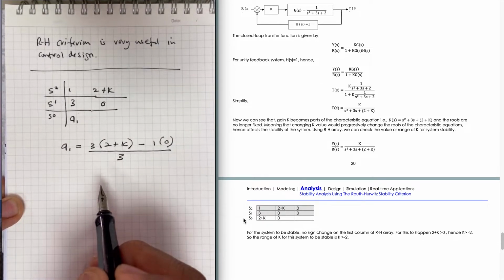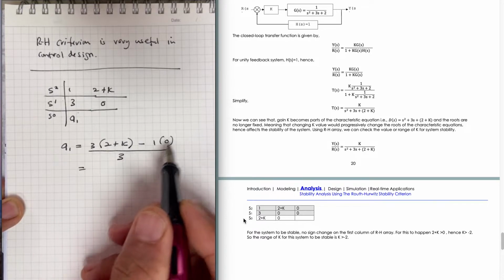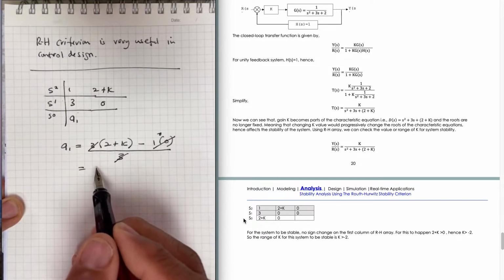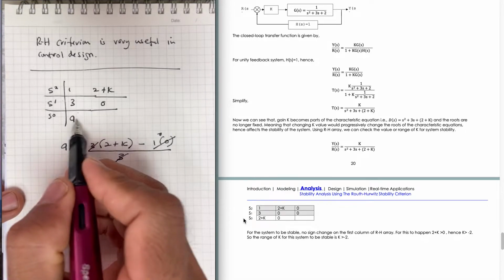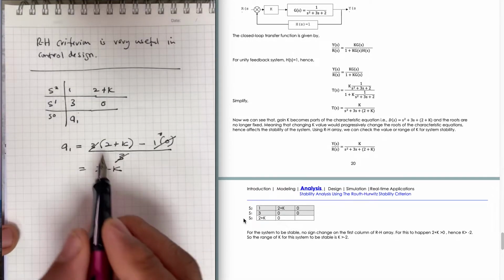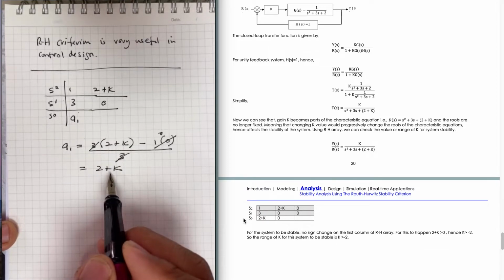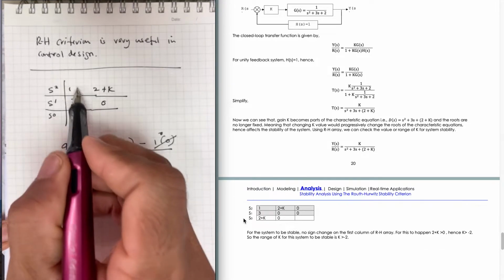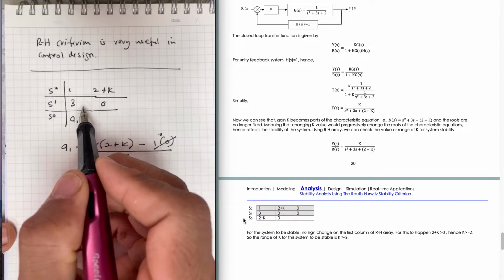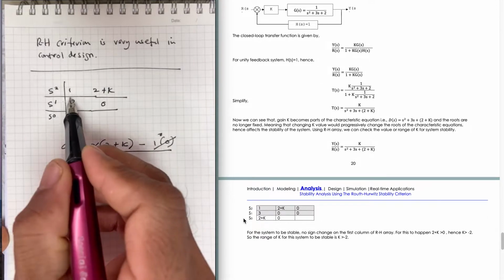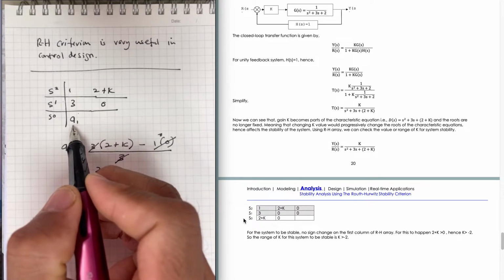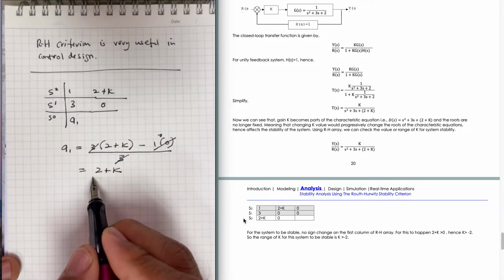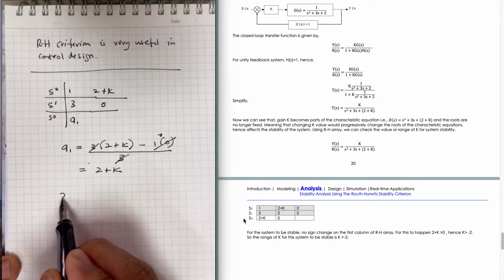So simply, this is A1 here, which is 2 plus K. So we know that from RH criterion, to keep the system stable, there must be no sign change here, right?